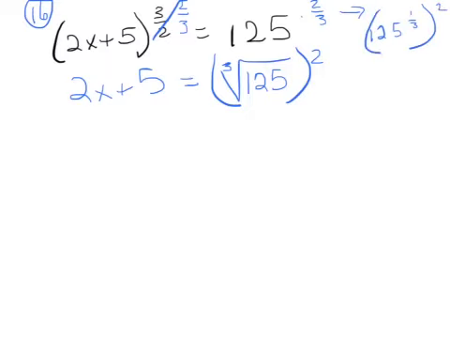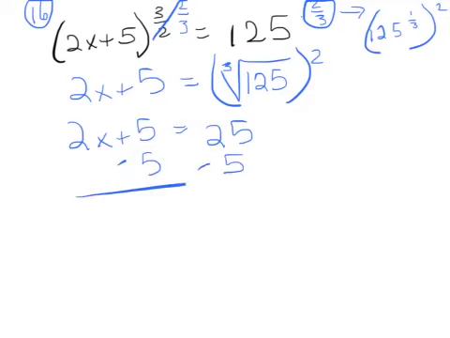We can break our exponent apart like that to help us solve it. Well, the cube root of 125 is 5, and 5 squared is 25. And now I've got a pretty simple equation to solve. 2x equals 20, so x equals 10.